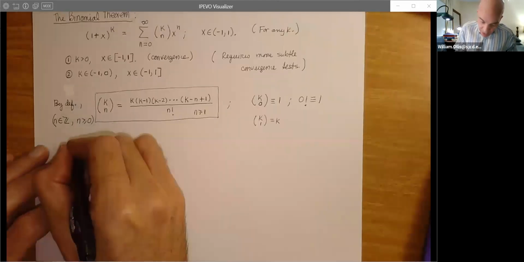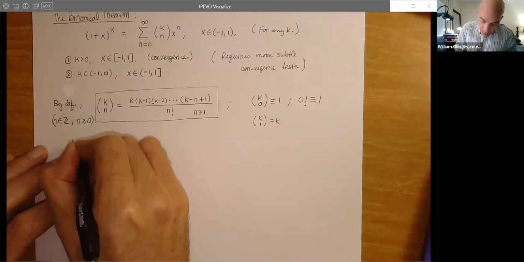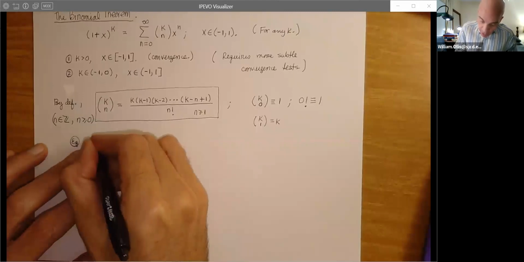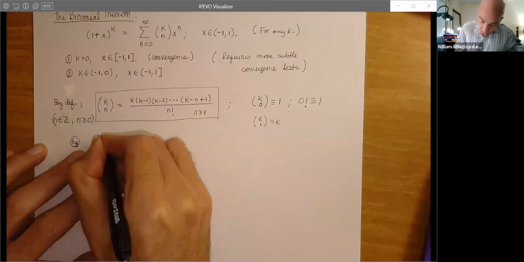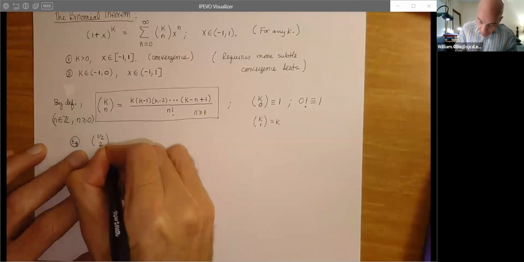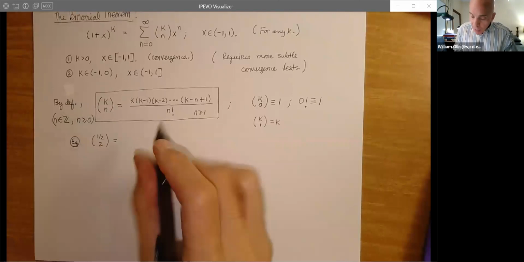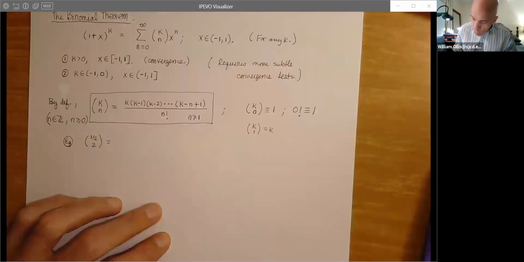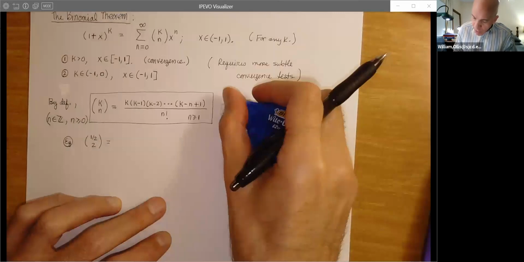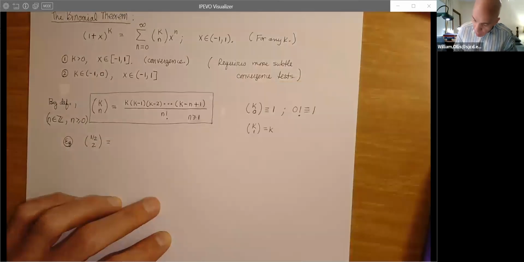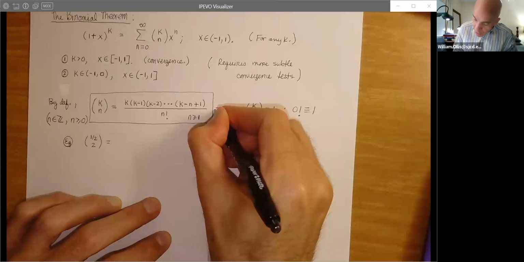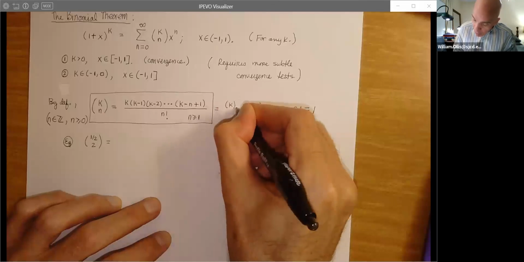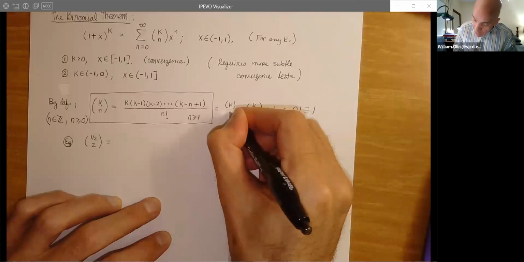So here's a simple example. This is one we're actually going to end up doing. Say we have 1/2 choose 2. Let me give you just one more notation here that will be even more helpful. We're going to think of this as k perm n over n factorial.